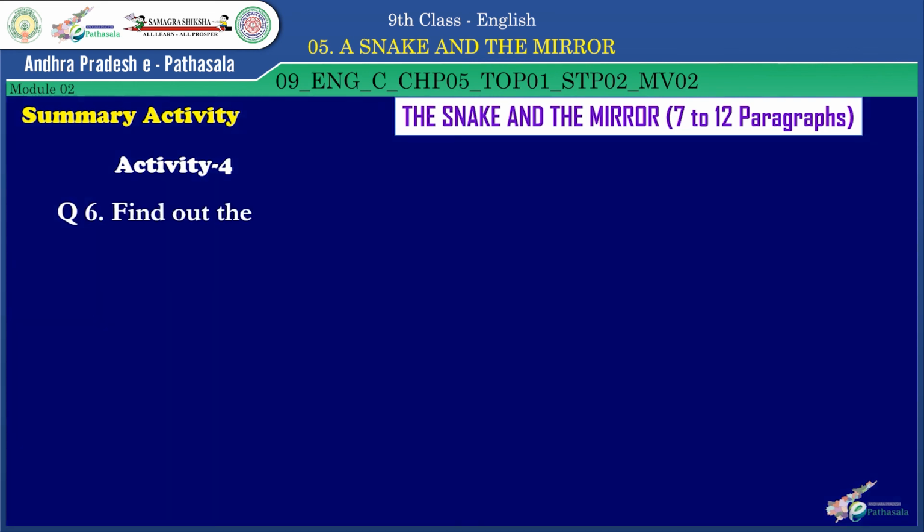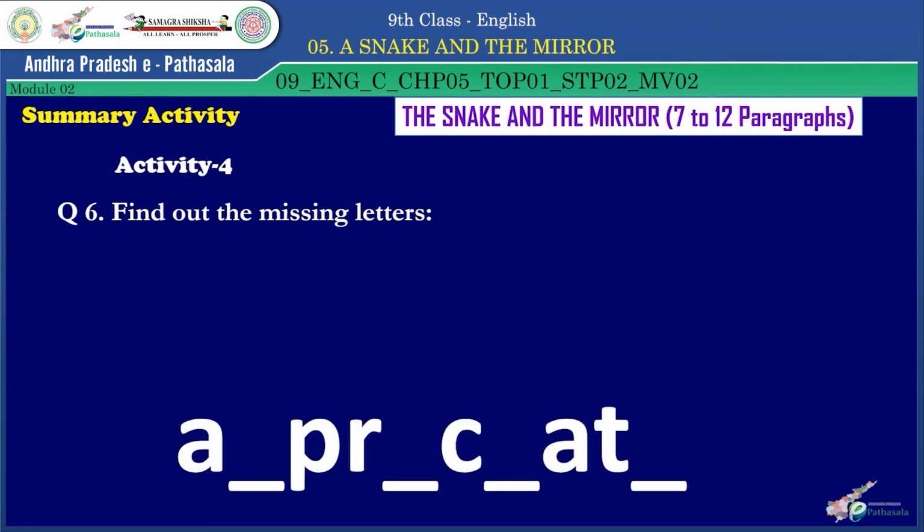Now I am going to give an interesting question. 6th question under this summary activity. There is a word having some missing letters. Could you guess which word this is? Yeah, appreciate. Now some 4 letters are missing from this word appreciate. Those letters are here now: E, I, E, P. And firstly, A-P. Which letter is here?